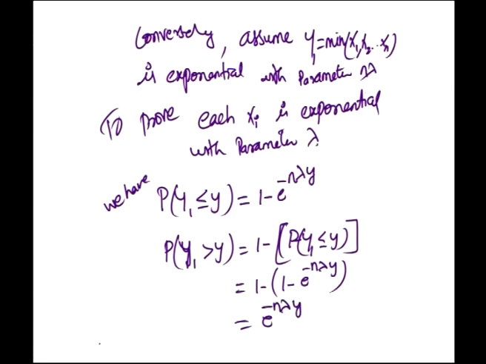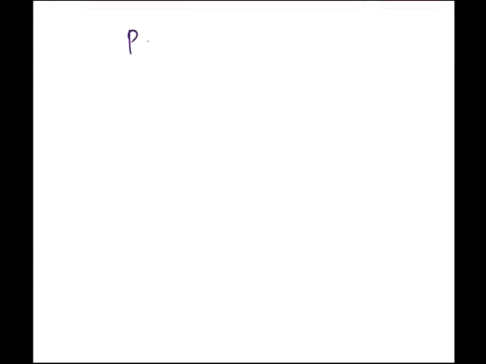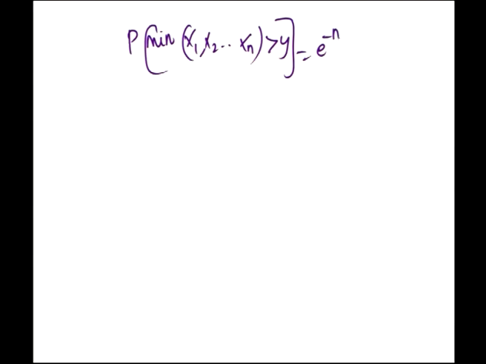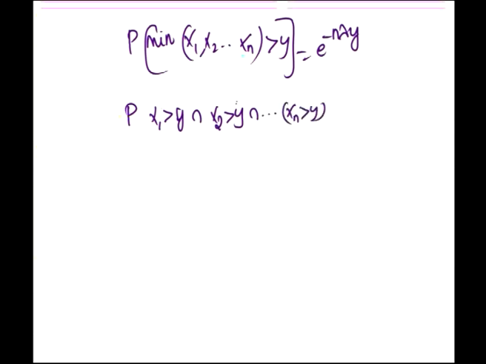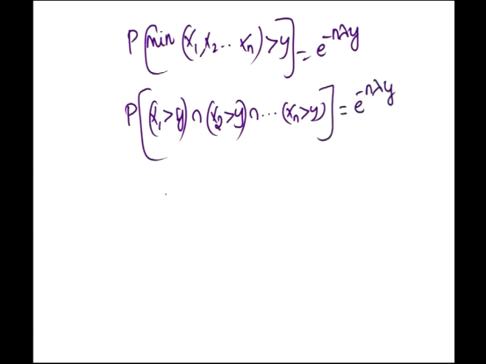Okay. Now, we are saying that the minimum of X1, X2, etc. up to Xn greater than y is equal to e power minus n lambda y. It means to say that P of X1 greater than y intersection X2 greater than y intersection etc. Xn greater than y is equal to e power minus n lambda y.